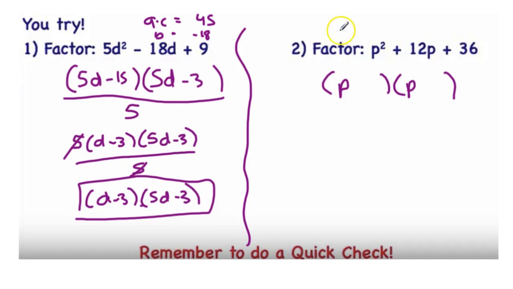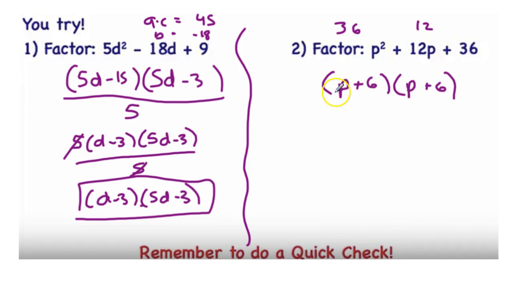We do 1 times 36, and when we add them they should equal this 12. Well, it could be 6 times 6, right? So 6 times 6 equals 36. 6 plus 6 equals 12. So this will be p plus 6 times p plus 6.